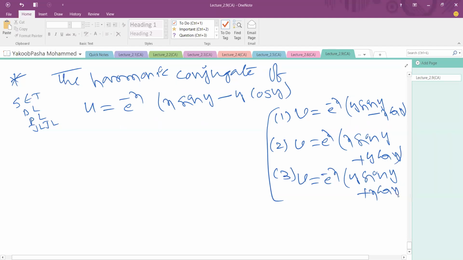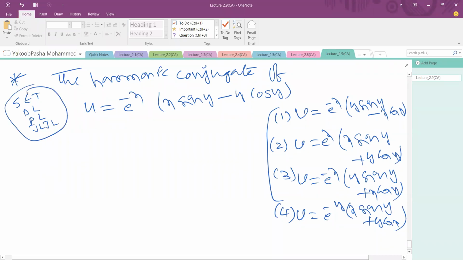And the fourth option, v is equal to e to the power of minus y (x sin y plus y cos x). Now we can use the Milne-Thomson procedure.